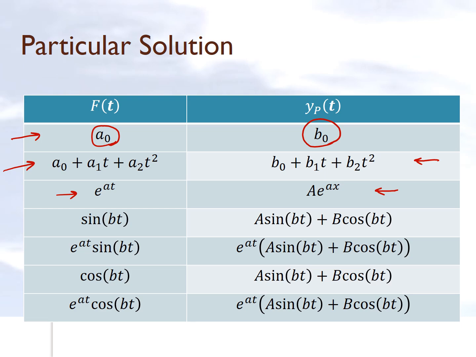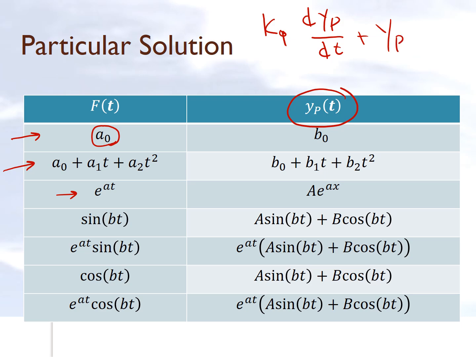You can see that the particular solution has coefficients p0, p1, p2 here, for example, or this constant A. Our method to compute this is by substituting our proposed particular solution back into the differential equation. So the differential equation has this form, k1 dyp/dt plus k naught yp equals f of t.